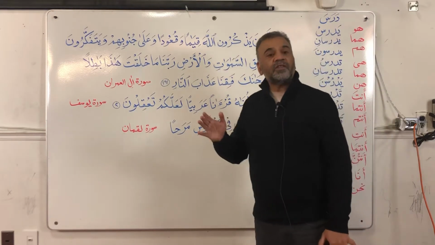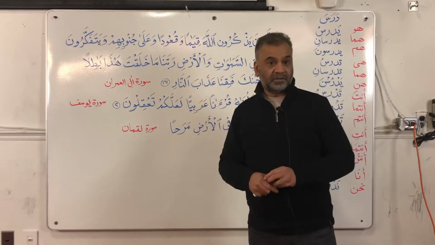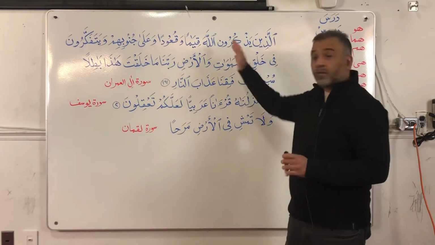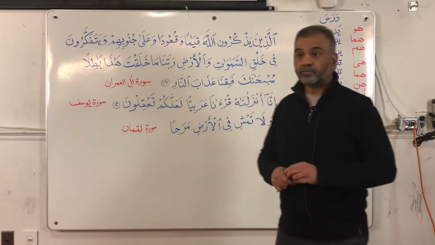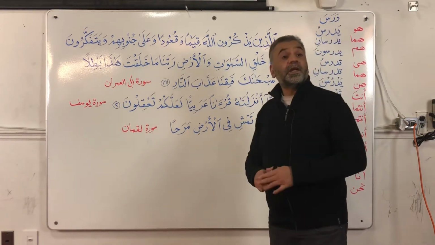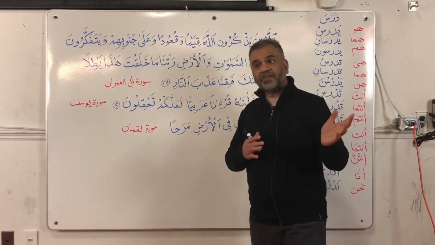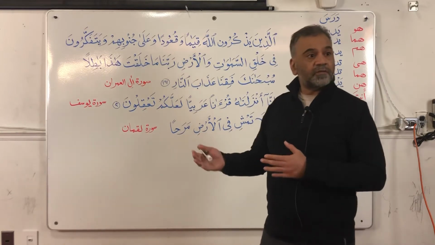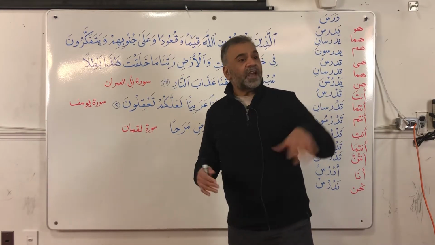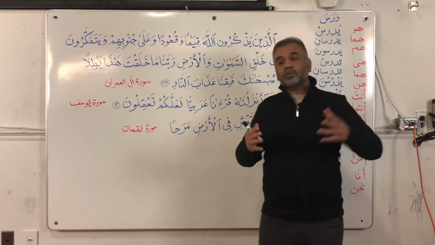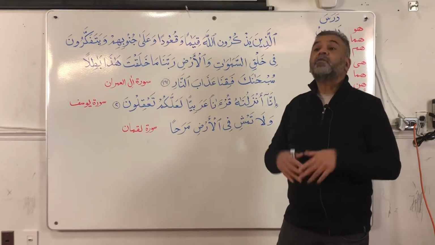where is the fa'il in yaskuruna? Wow, those who mention. Wow, whom? Mention what? Remember transitive verb and intransitive verb? When a transitive verb or a mutaaddi verb comes, then we ask two questions, what and whom? Those who mention what?